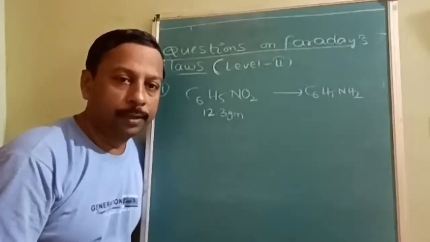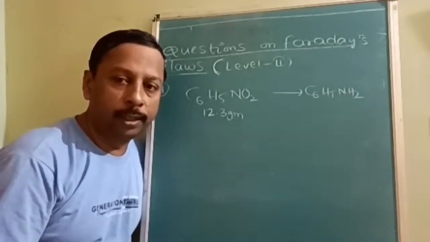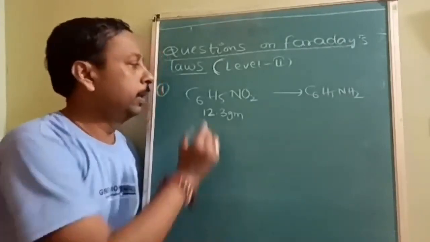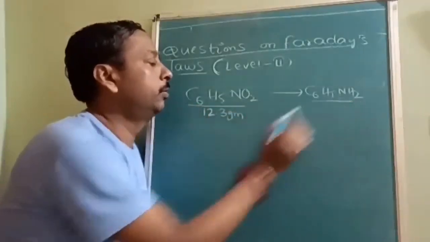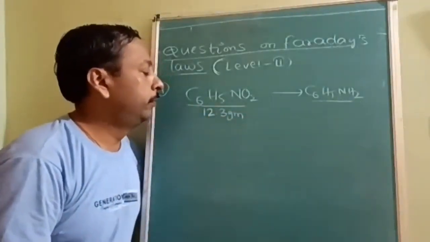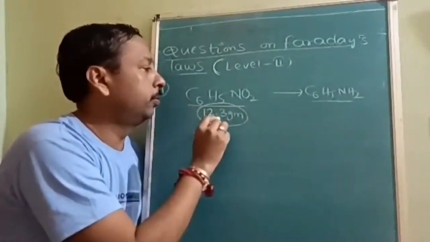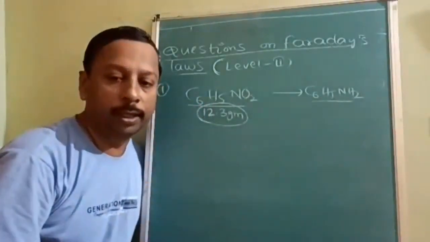Okay, students, the first question we are going to do in level 2 is the conversion of nitrobenzene into aniline. 12.3 grams of nitrobenzene is to be converted into aniline.